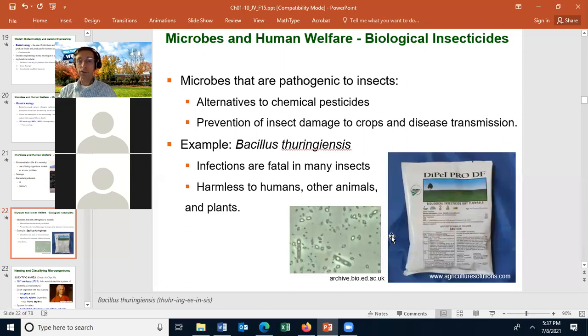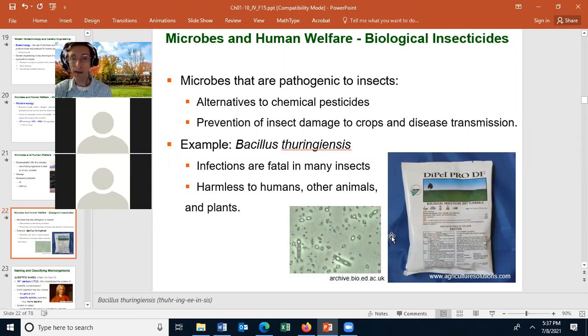And these alternatives to chemical pesticides tend to be less toxic than man-made chemical pesticides. But biological insecticides are used to prevent insect damage as well as disease transmission to crops.